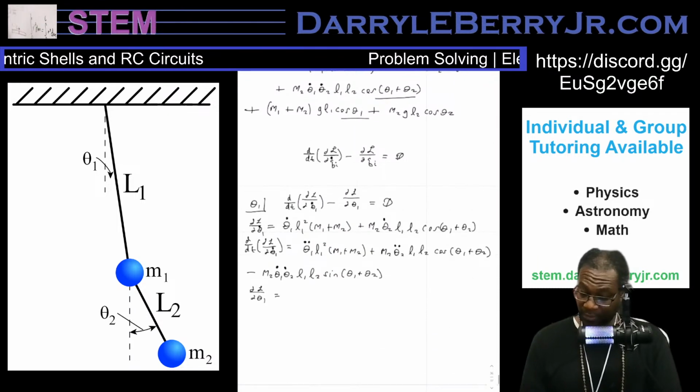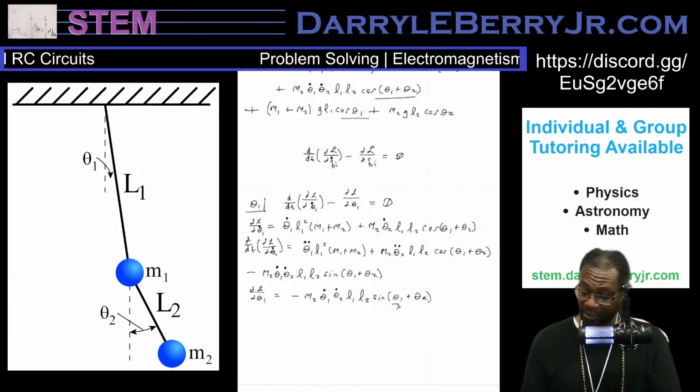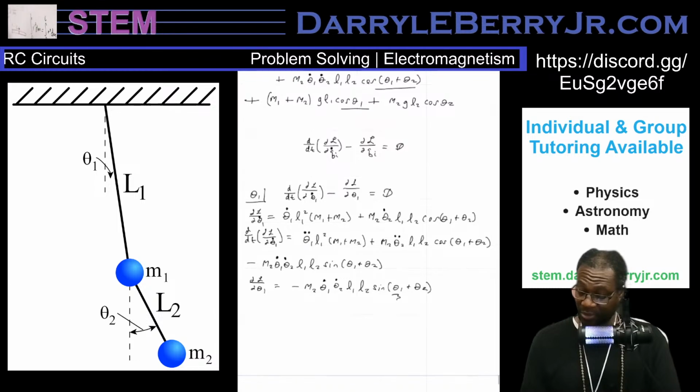So we have negative m2 theta 1 dot theta 2 dot L1 L2 sine (theta 1 plus theta 2). And then we have to take the derivative of the inside, which ends up being just 1. So we could leave that the way it is.